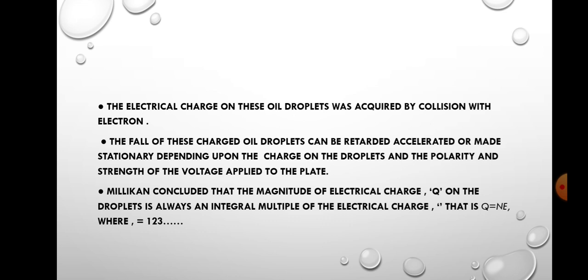The fall of these charged oil droplets can be retarded, accelerated, or made stationary depending upon the charge on the droplets and the polarity and the strength of the voltage applied to the plates. Millikan concluded that the magnitude of the electrical charge q on the droplets is always an integral multiple of the electrical charge e.